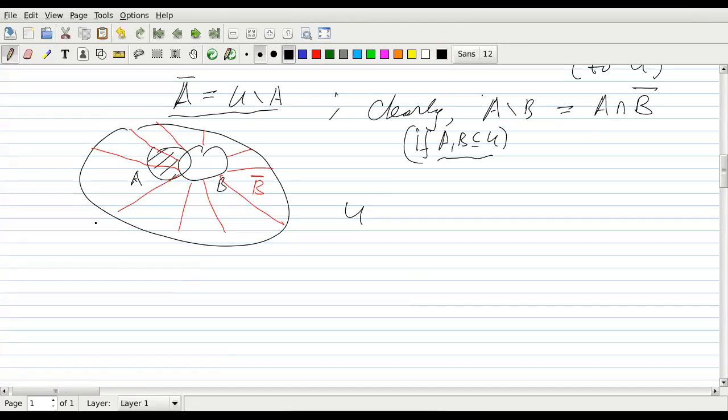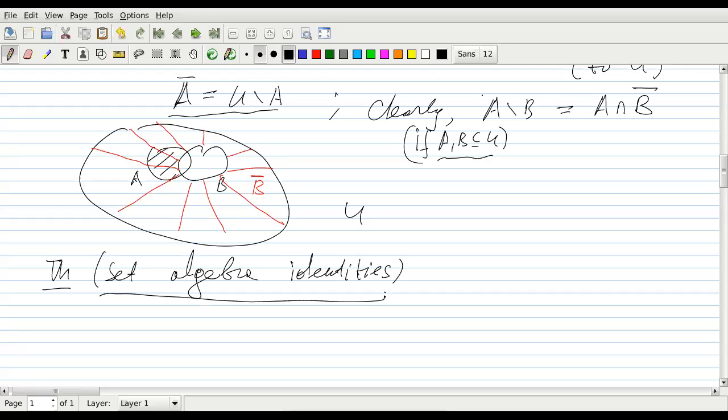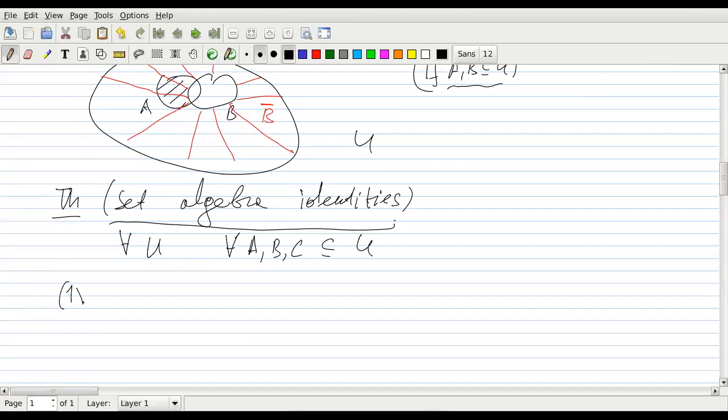And now let's state the following important theorem, which gives us so-called set algebra identities. You have to memorize these identities. For every U, for all A, B, C, which are subsets of U, we have the following.